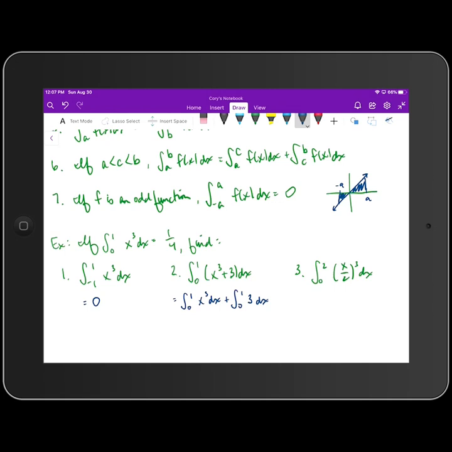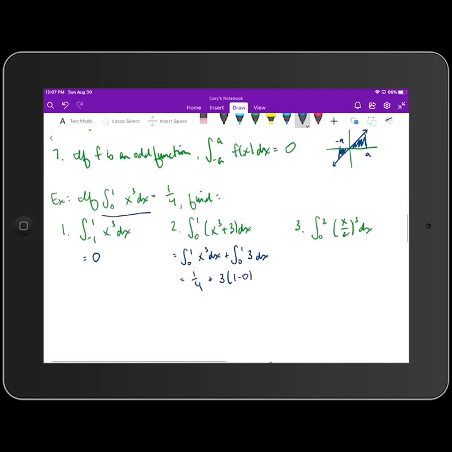Well, we're told that the integral from 0 to 1 of x cubed is equal to 1/4. If we want the integral from 0 to 1 of 3, again, that's going to wind up being a rectangle. The height of the rectangle is going to be the function value, which is 3. The length of the base of that rectangle is going to be our ending value minus our starting value. Okay, so that's 1/4 plus 3, which is 1/4 plus 12 over 4. That winds up being equal to 13 over 4.